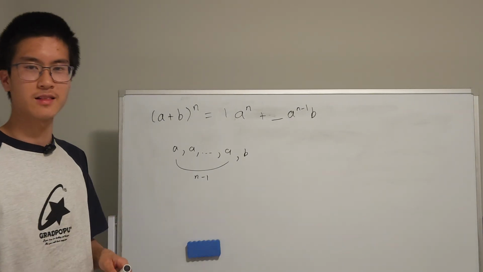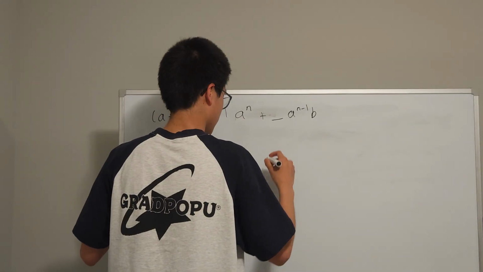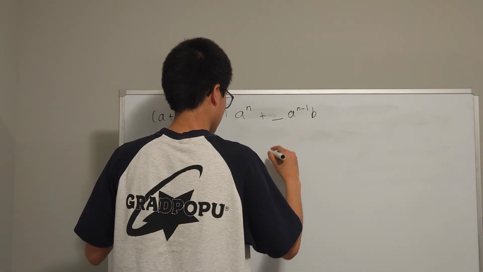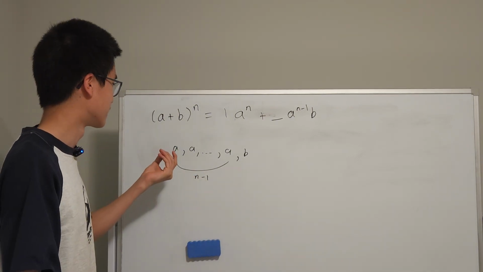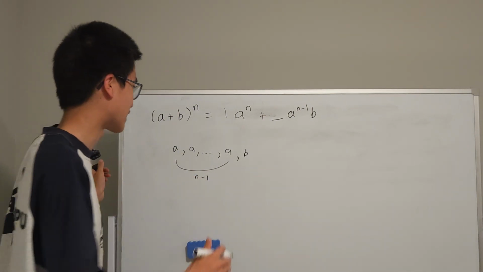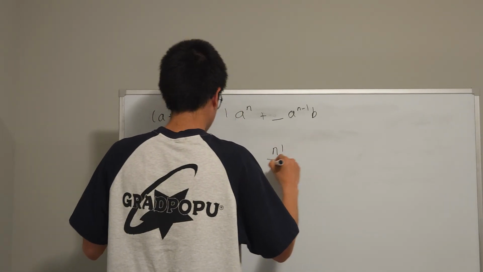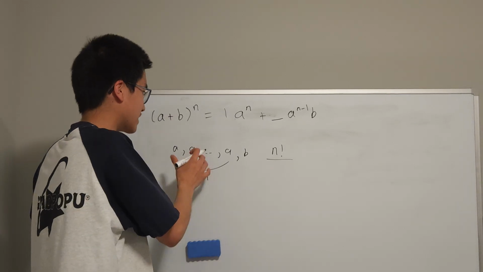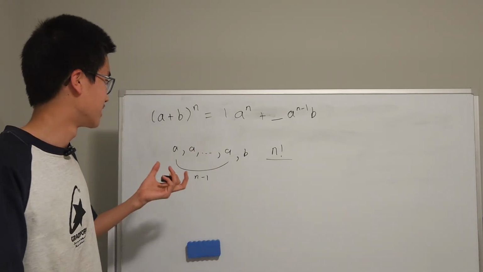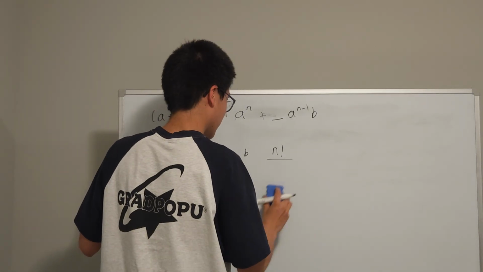There are n letters in total. If we treat all the a's as distinct, there will be n factorial ways to rearrange this. However, not all the a's are distinct. Therefore, we have to divide by the number of ways to rearrange the a's as if they were distinct, so that would be n minus 1 factorial.